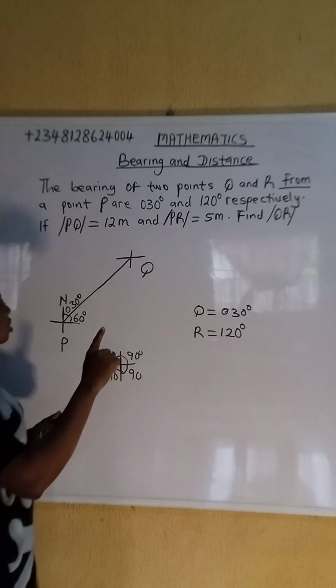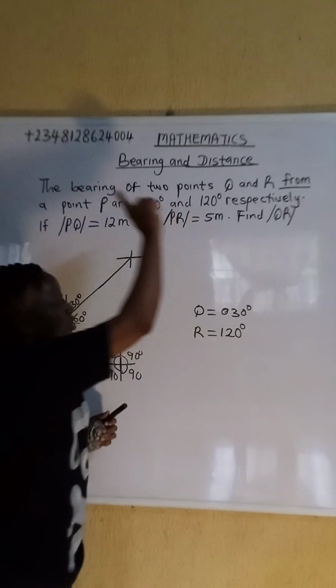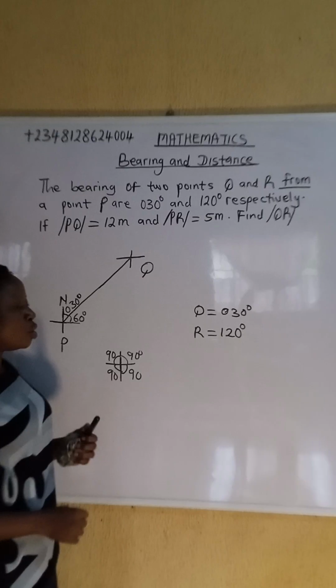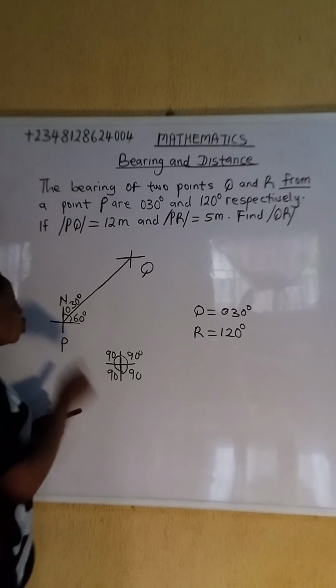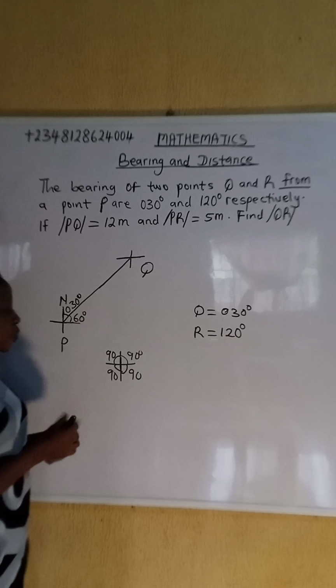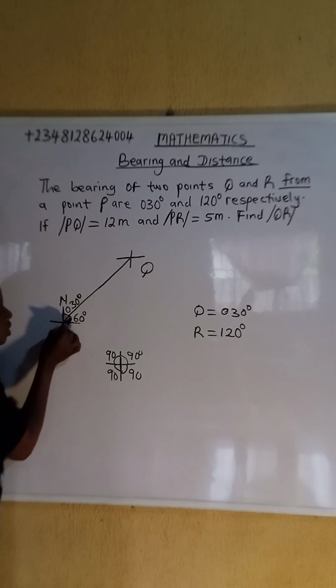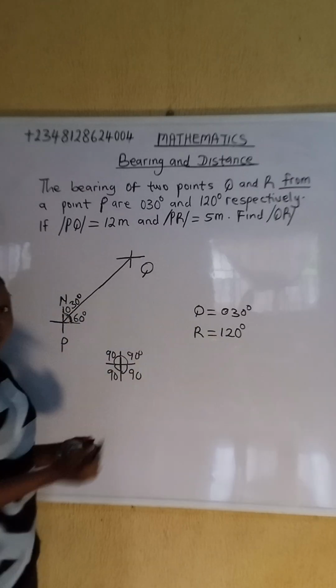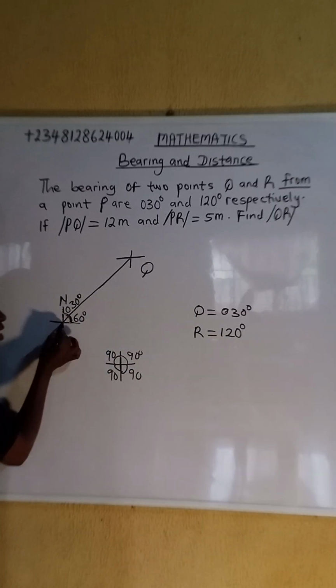Now, let's construct the second bearing. So we have a bearing of 120 degrees. At the same point P, it will be constructed at point P. This first place is 90 degrees. So what are we going to add to 90 degrees that will give us 120 degrees? We add 30.